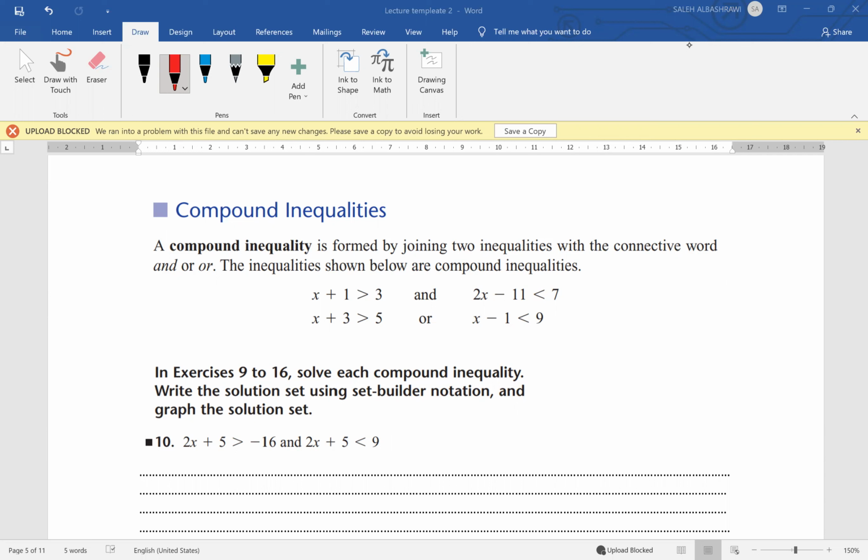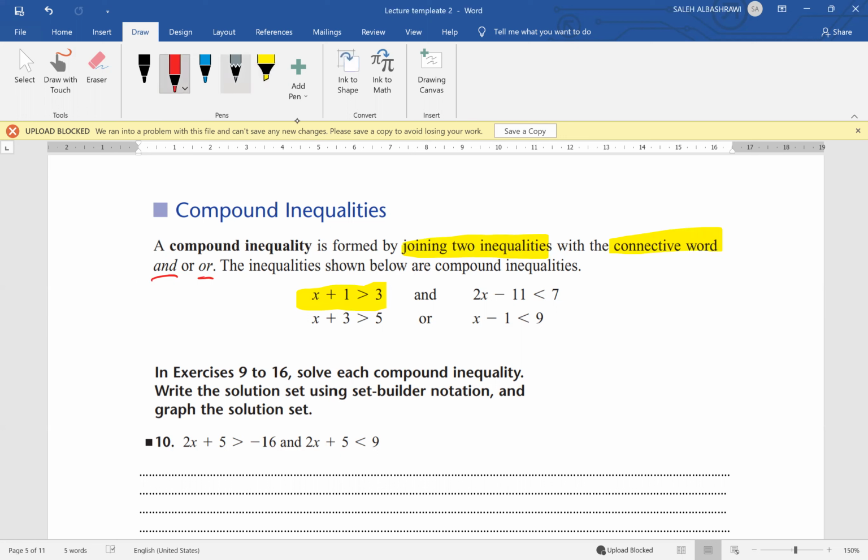So a compound inequality is formed by two inequalities. So we have two inequalities with the connective word "and" or "or". The inequalities given down here are compound inequalities. For example, this is one inequality, which is x plus 1 greater than 3.